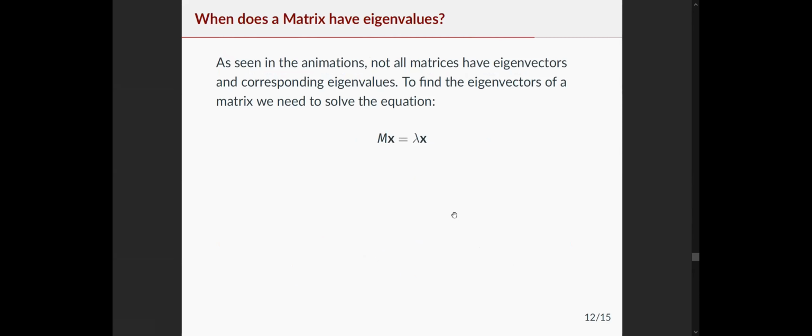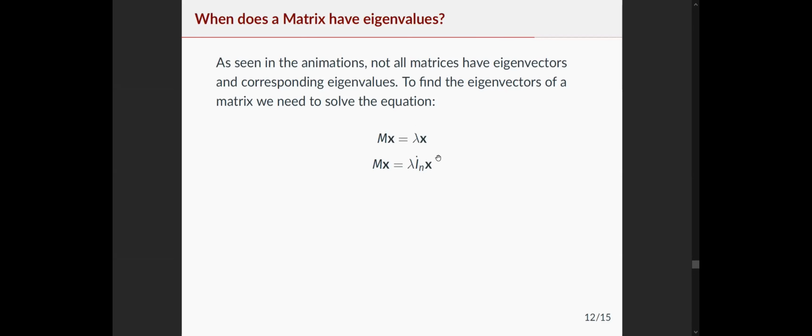So when does this happen? How do we know it has eigenvalues? We have this nice equation here, and we do some maths magic. We add in the identity matrix, which has to be of order n because of the dimension.